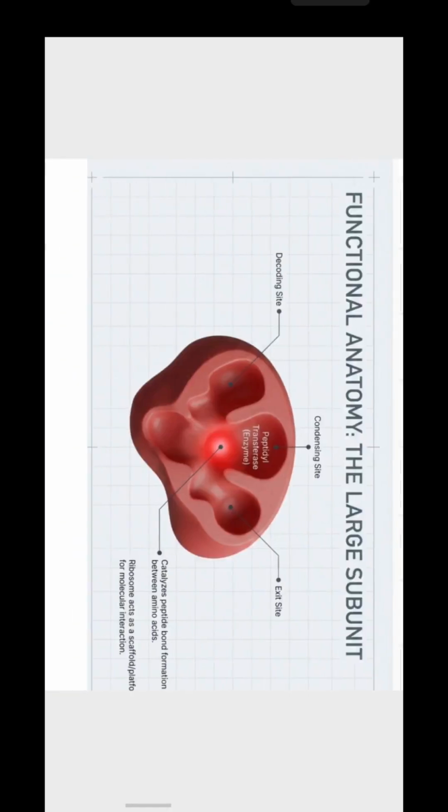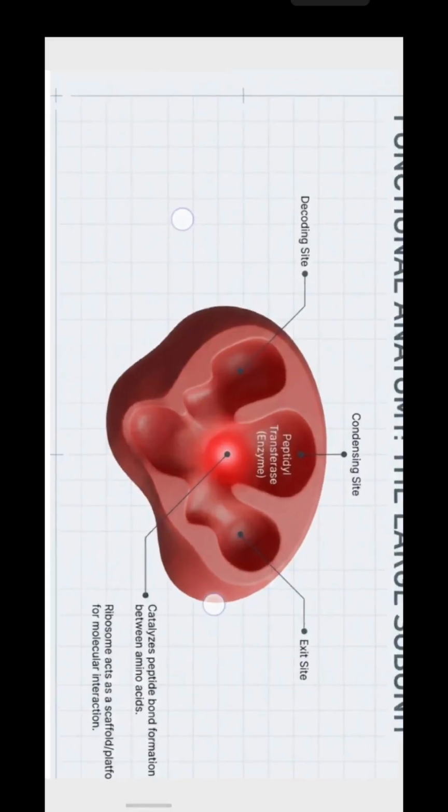We will also find that in either 70S or 80S ribosomes, there is a common feature inside the largest subunit. The largest subunit of each ribosome consists of 3 sites. The first site is called the decoding site, the second is called the condensation site, and the third is called the exit site.